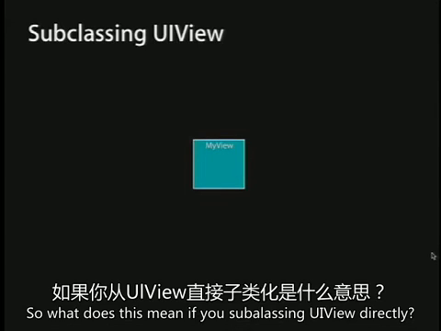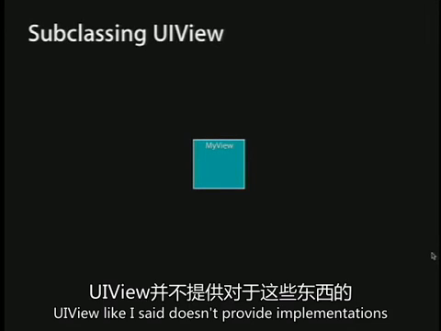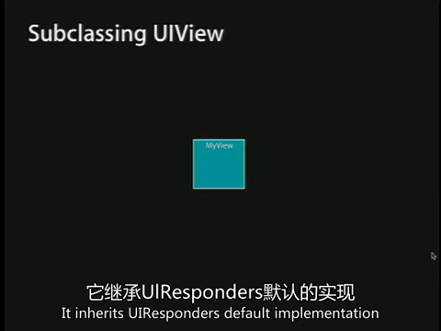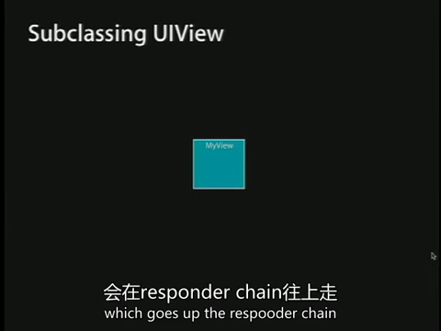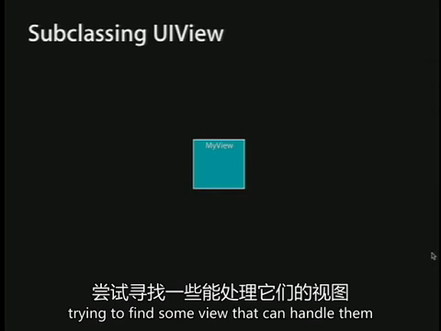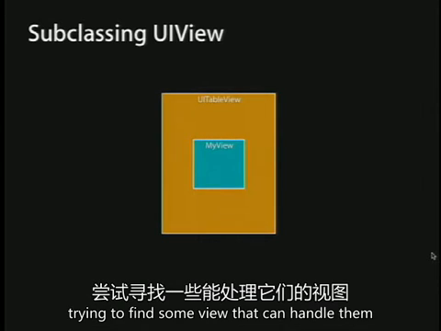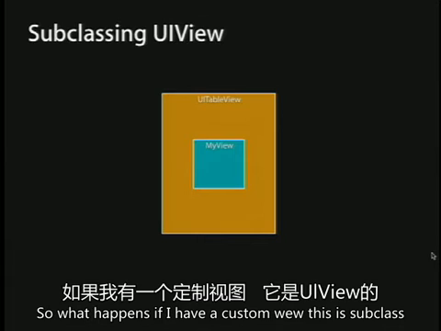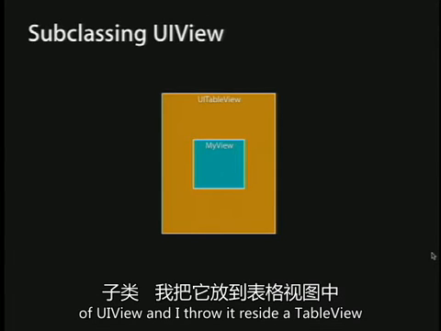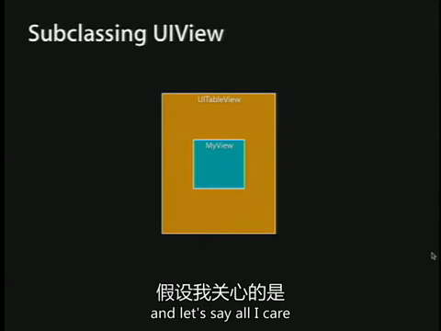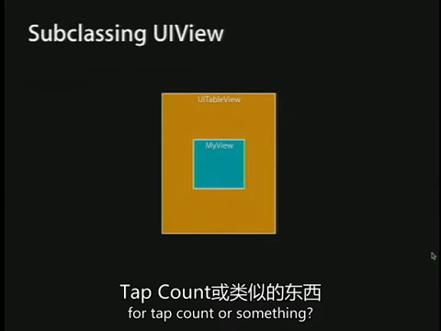So what does this mean if you're subclassing UIView directly? UIView, like I said, doesn't provide implementations for these. It inherits UIResponder's default implementation, which goes up the responder chain trying to find some view that can handle them. So what happens if I have a custom view that's a subclass of UIView and I throw it inside a table view, and let's say all I care about is the touches ended because I'm looking for tap count or something?